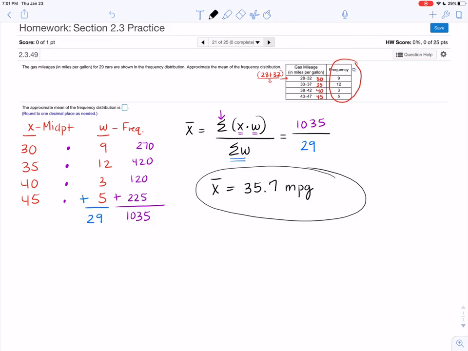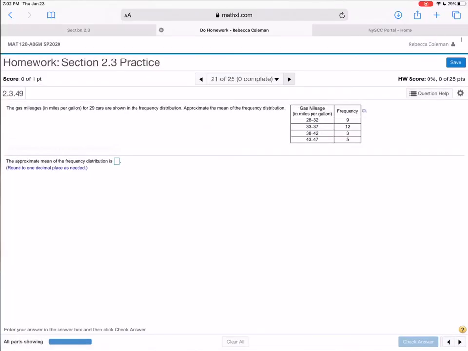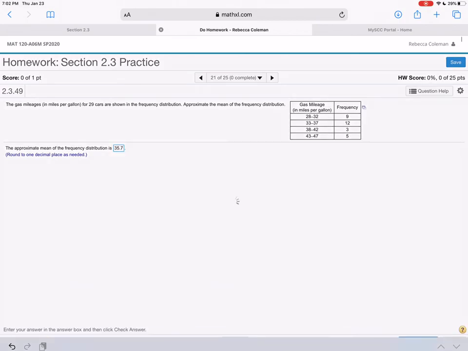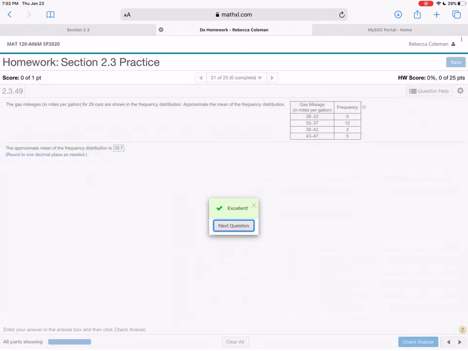For qualitative data, non-numerical labels and categories, all you will use the frequency to do is look for the one that occurs the most often and classify that as your mode. All right, so here again, I've calculated the mean of my frequency distribution using midpoints as data values and frequencies as weights, and I report my mean here at 35.7.